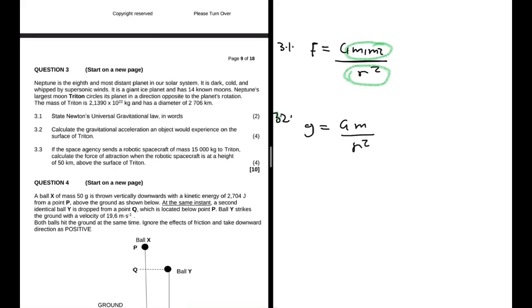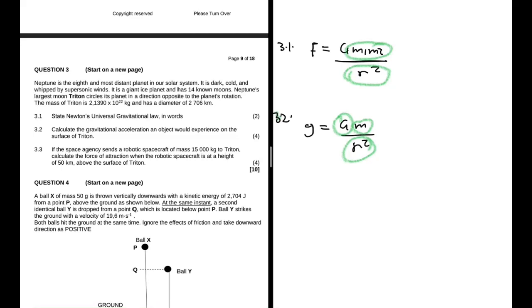This capital letter G being the gravitational constant, the mass is the mass of the object of interest, and r is the radius of that object.